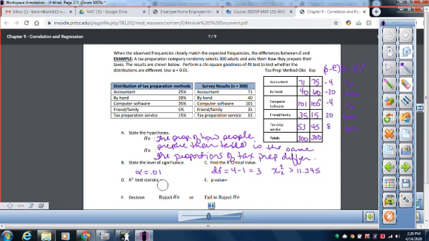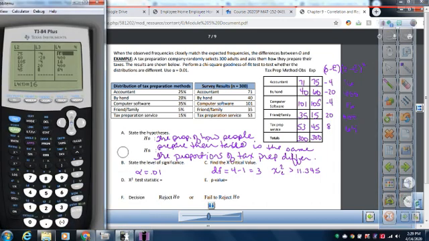All right. So for the test statistic, I'm going to go back to my calculator. I am going to take list 4, because that was observed minus expected squared. And I'm going to divide it by list 2, which was my expected.